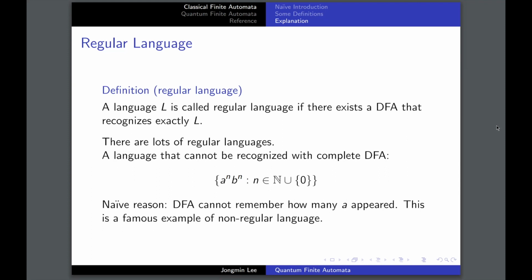It has no memory. It can be recognized by a higher automaton, such as a pushdown automaton or a Turing machine, but a finite state machine cannot accept this language.